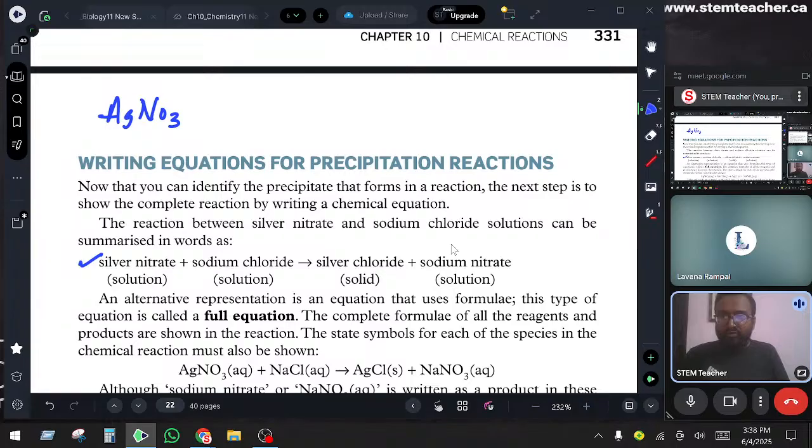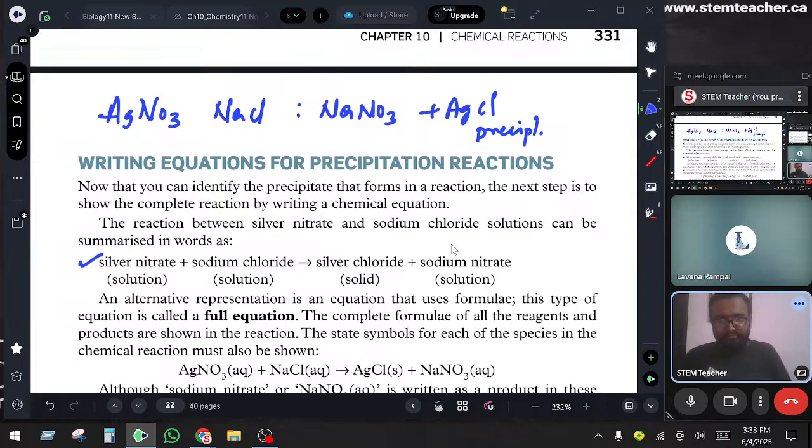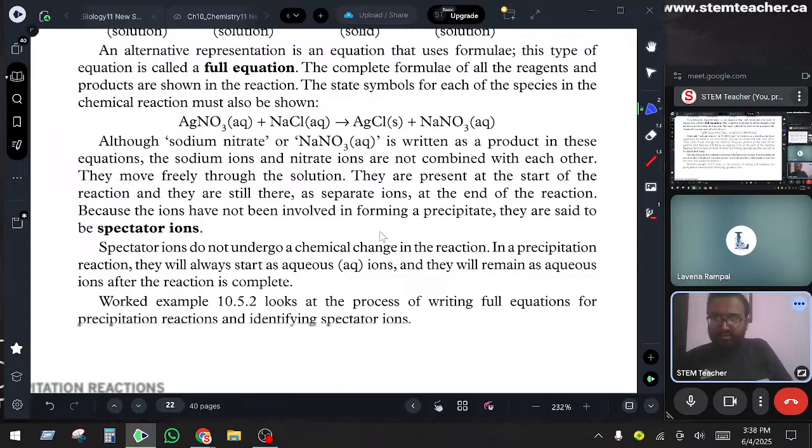Already we have previously seen. So NaNO3, which is soluble, and AgCl is insoluble, which is your precipitation, okay. So it is a full equation, AgNO3 plus NaCl goes to AgCl plus NaNO3, spectator ion.